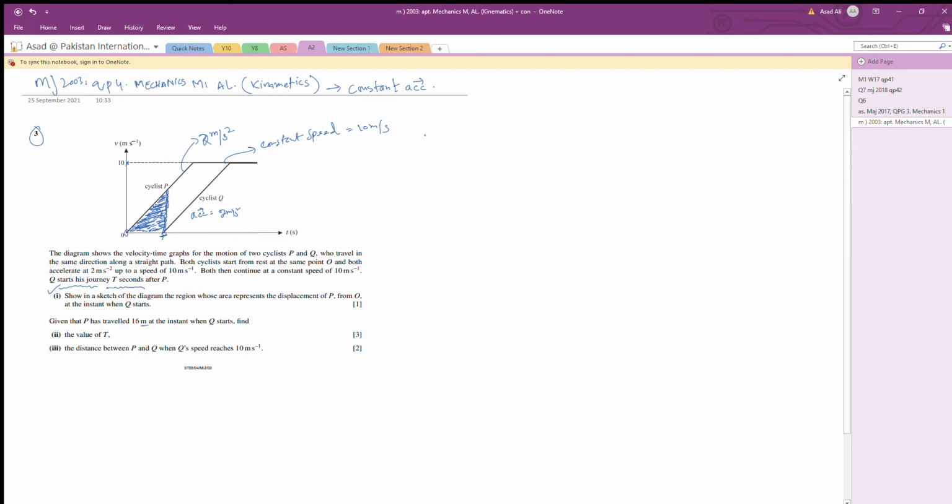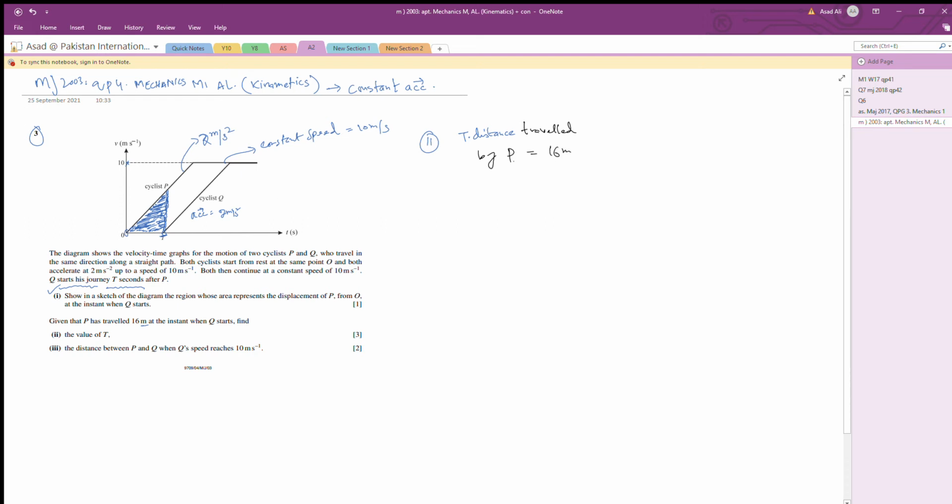Total distance traveled by P is 16 meters.